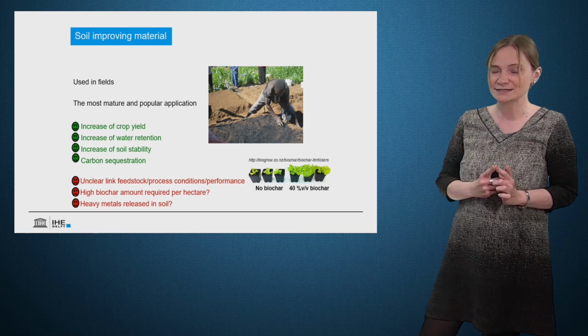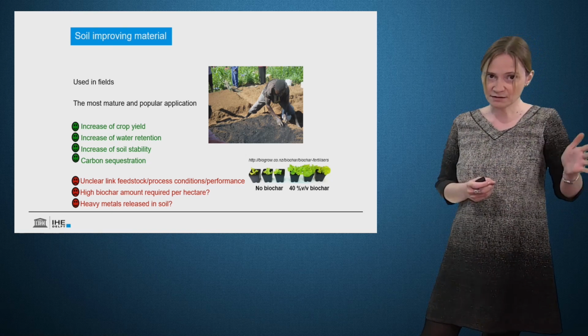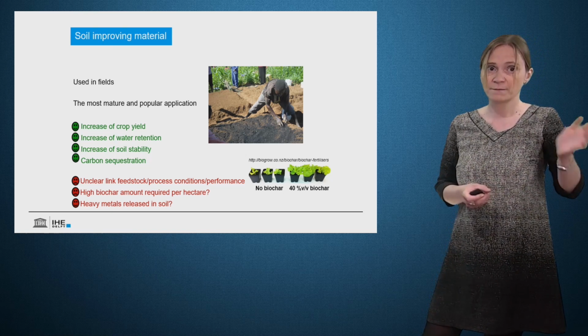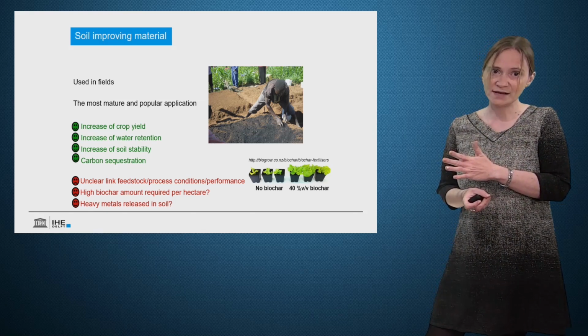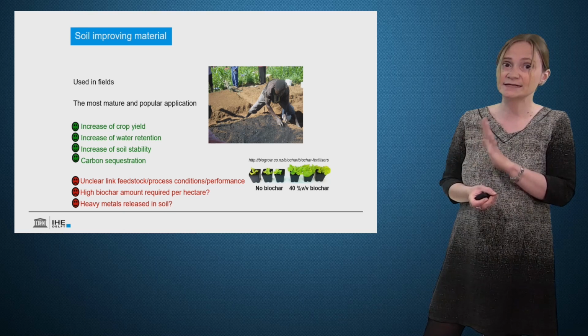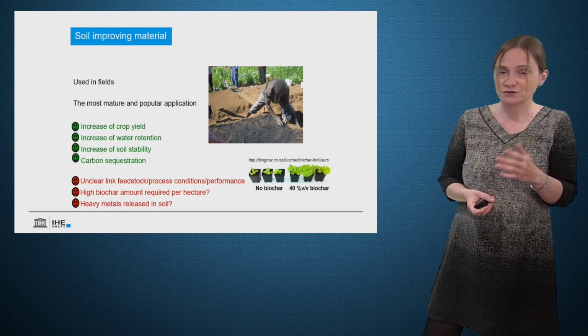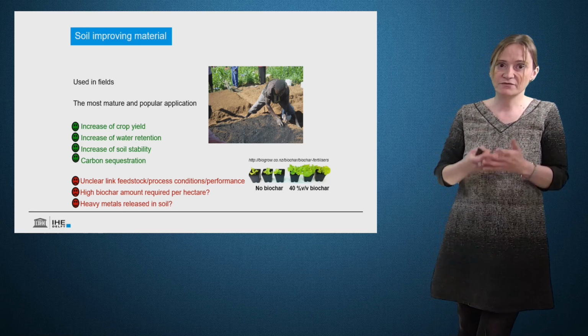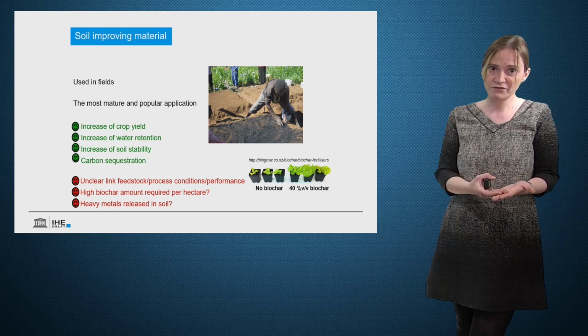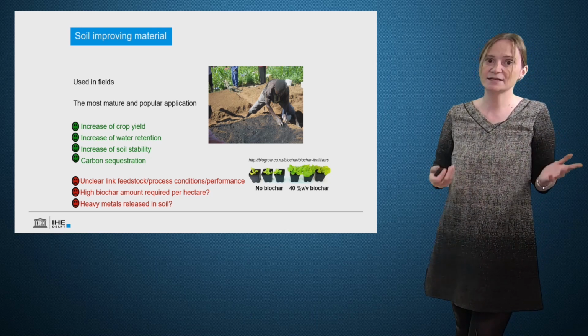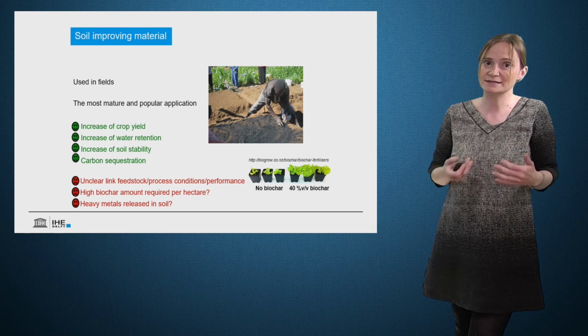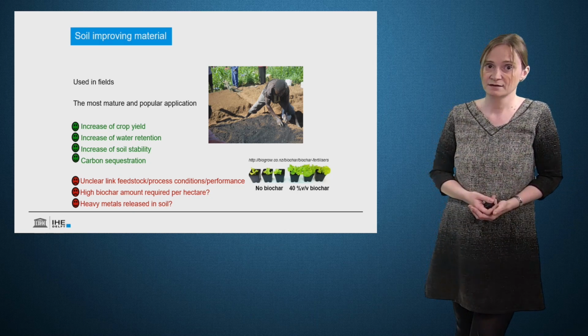One of the main ones is that the link between the material used to produce the biochar, the process conditions used, and the resulting biochar quality and performances in the field is not clear. In addition, some performances can be very good on one type of crop, but the effect can be negative on another, without any clear explanation and thus possibility to predict it before testing.